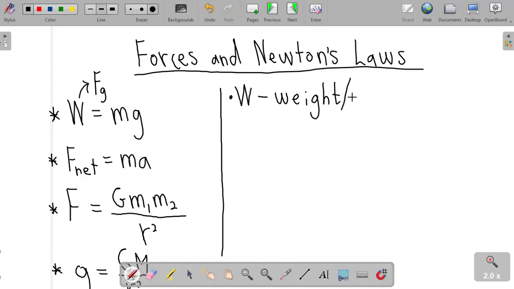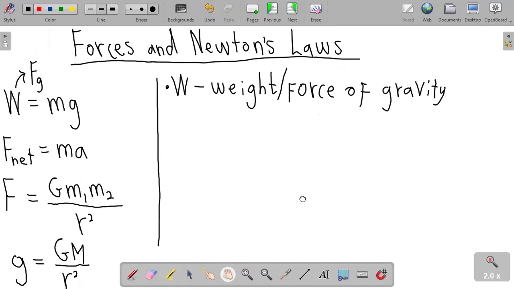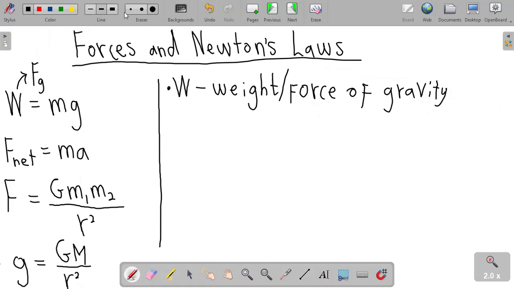This is weight, or force of gravity, and the unit of measurement is newton.